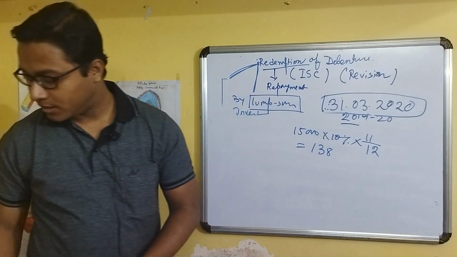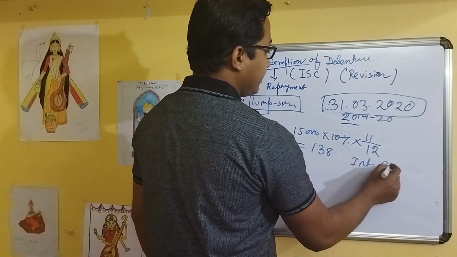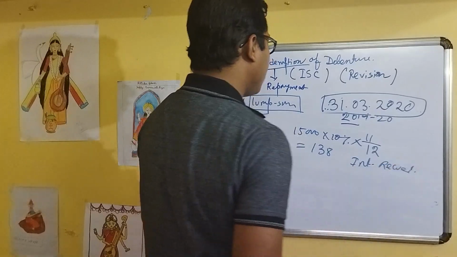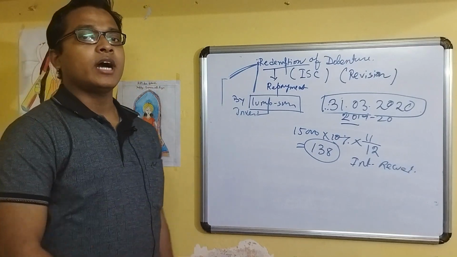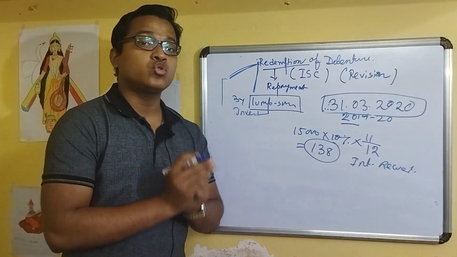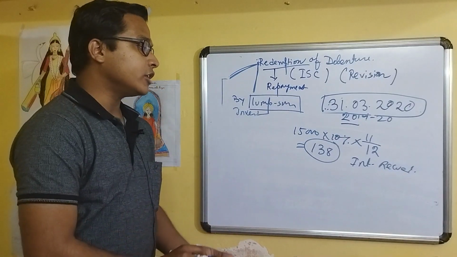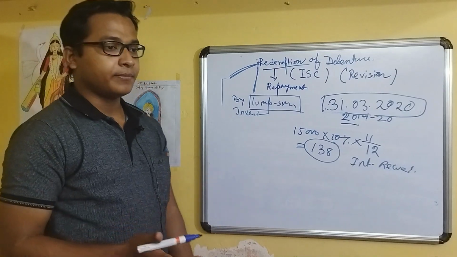So it is interest received. For this interest received, we have to make a journal entry if the sum states you to do so, and this will be done on 31st March. This journal is simple.